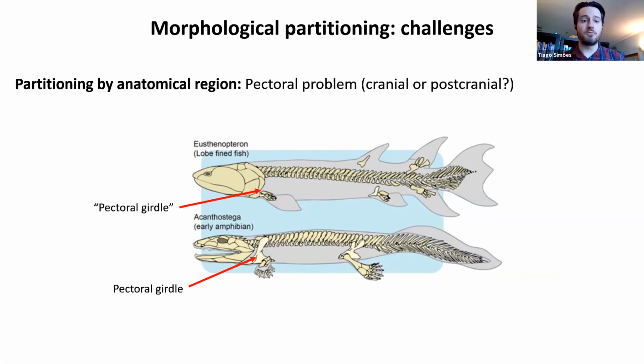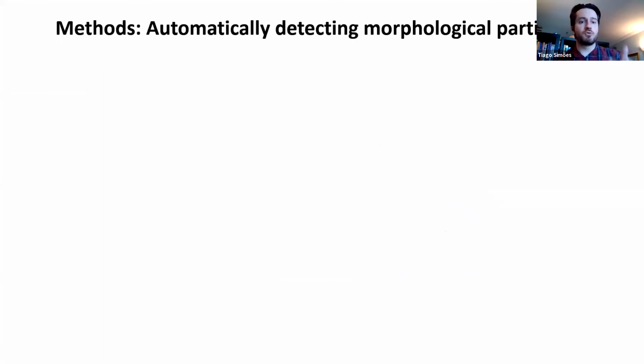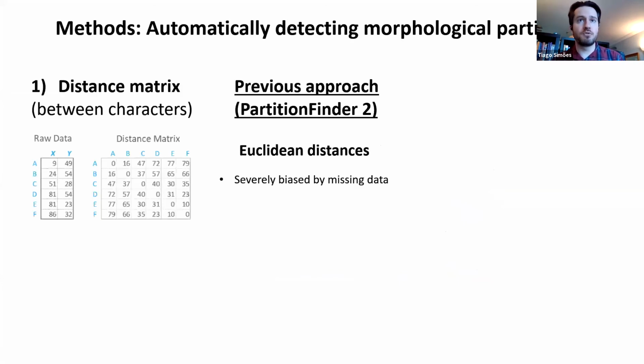Well, that's a big open question. So it's interesting in this case and some other cases to perform a more objective assessment of morphological partitions for evolutionary rate inferences.